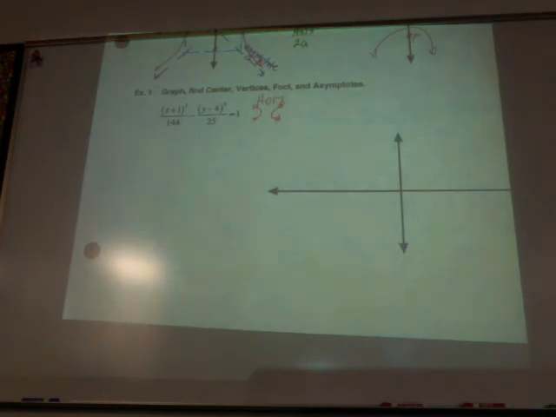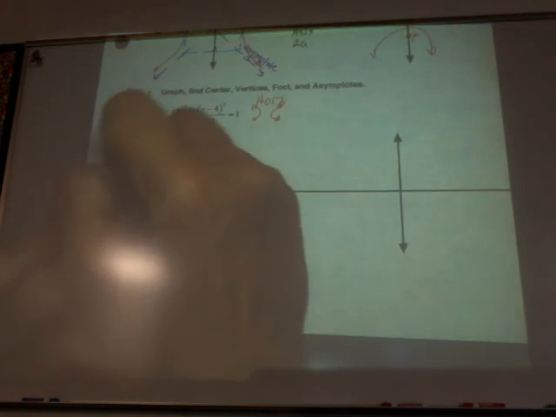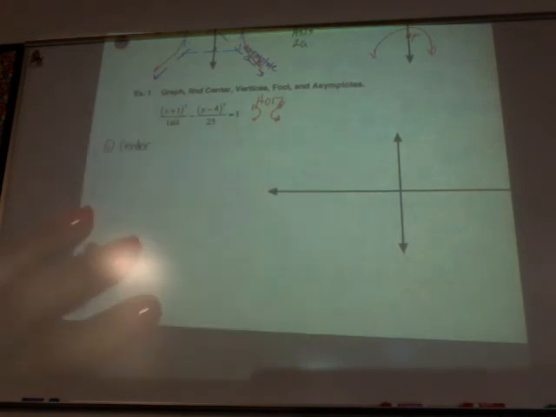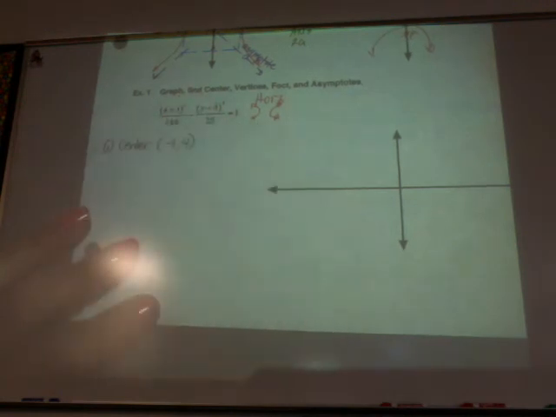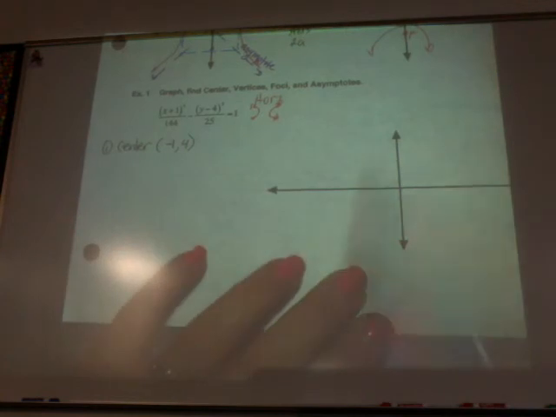The first thing I need to find are a and b, so I can set my box and the center of my hyperbola. I'm going to start with number 1, my center. Can I tell my center by looking at that? What's my center? -1, 4. So let's plot that. I need to put hash marks.